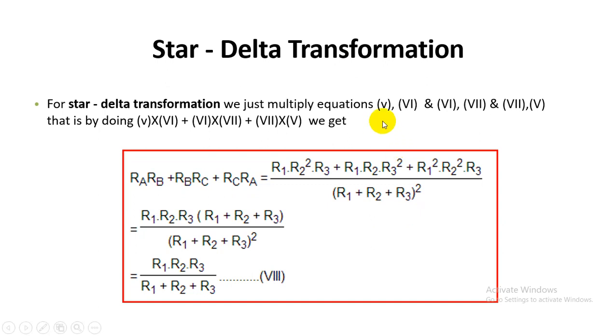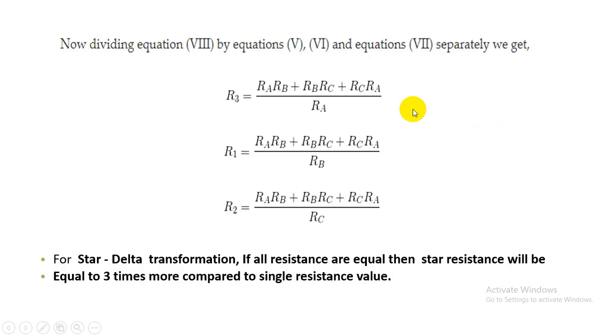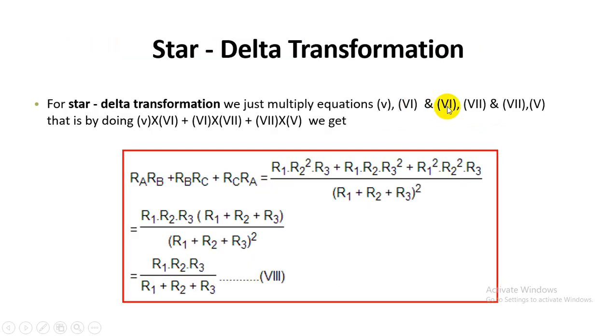After getting equations 5, 6 and 7, the three pairs of equations, we multiply them: the 5th equation multiplying with the 6th, the 6th multiplying with the 7th, the 7th multiplying with the 5th.